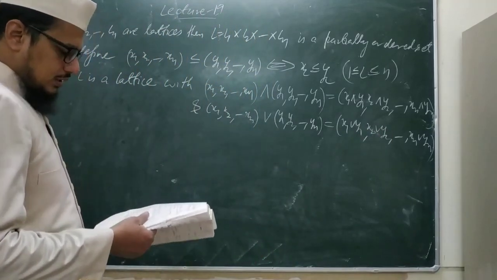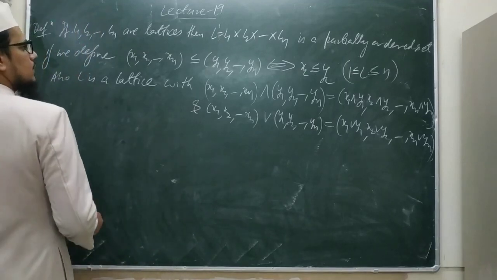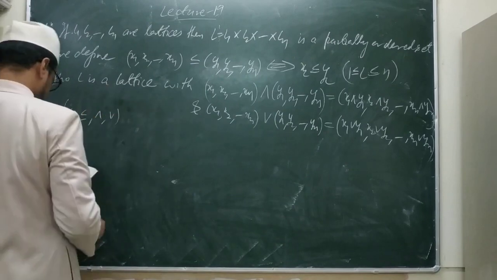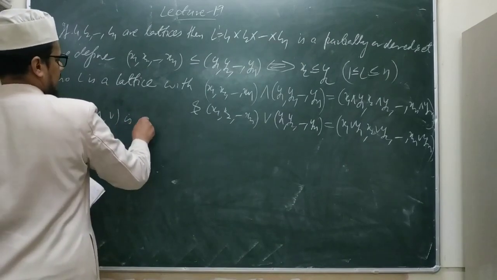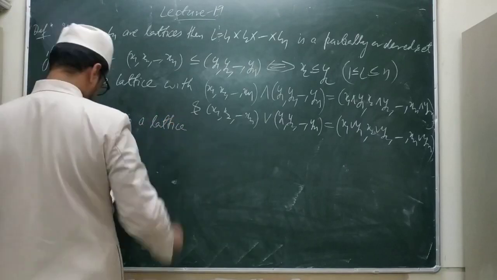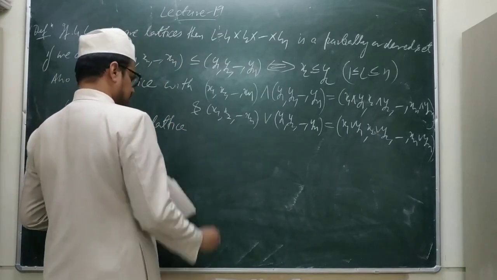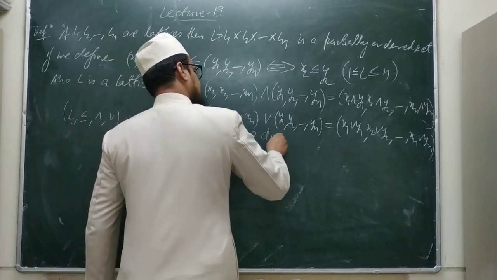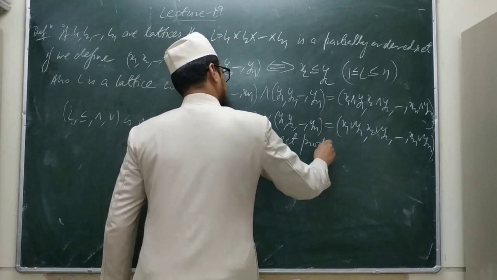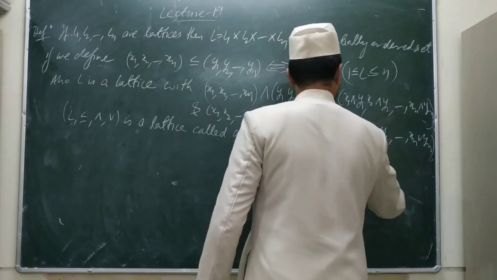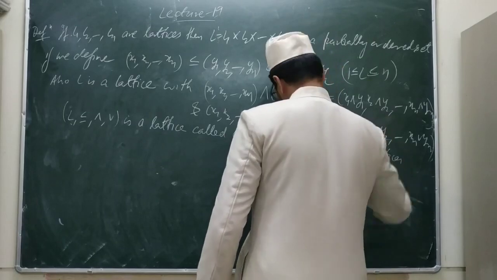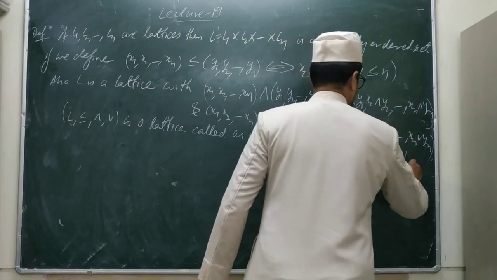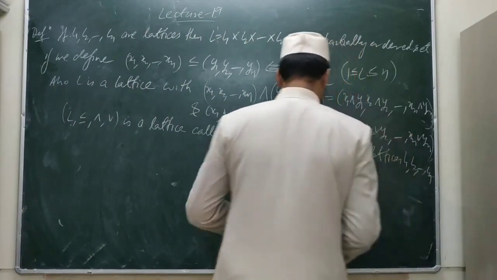So this forms a lattice, called the direct product of lattices L1, L2, ..., Ln. Correct?